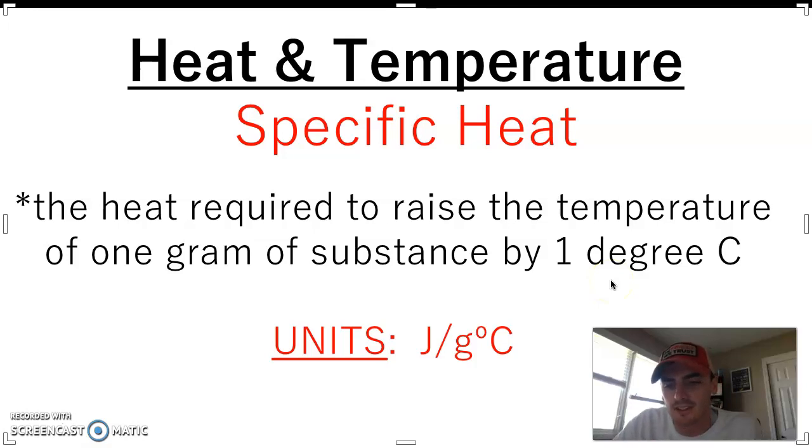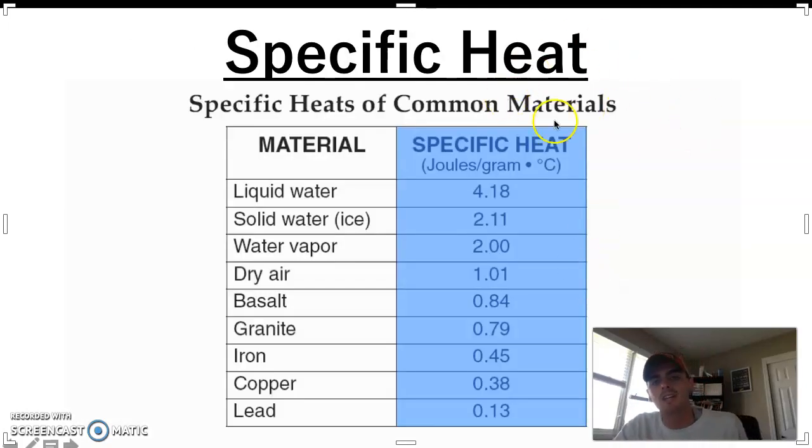Let's dig into some real life examples. If we look at a table of different specific heats, you can see that every single substance has a very specific value because of the atoms. One of the most important things is that a lot of things down here that are metals have very low specific heats, and that makes a lot of sense.